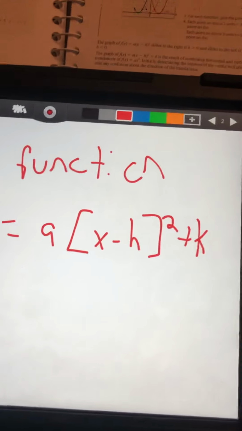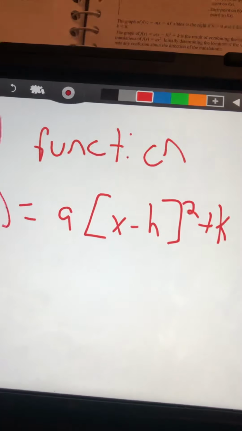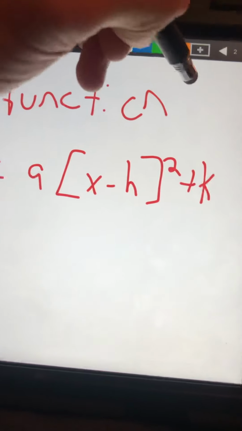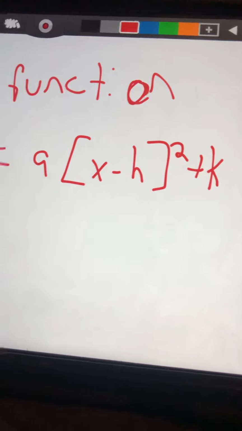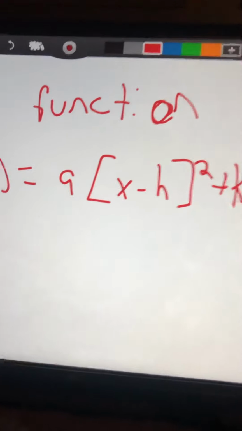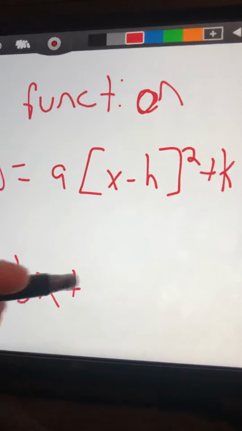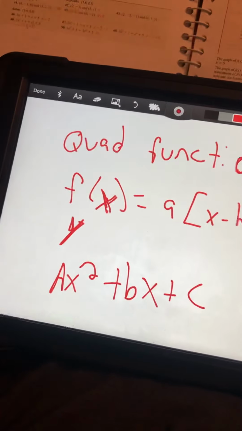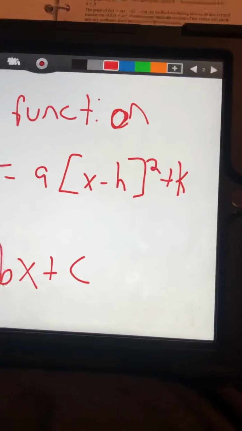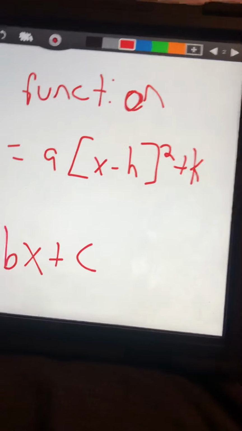So our main quadratic function that we used, this is a function of the form, what's the actual form? Ax squared plus bx plus c. So this is actually quad form.